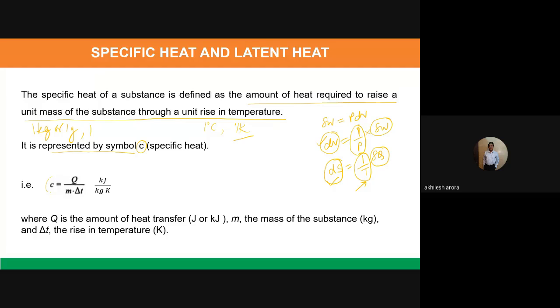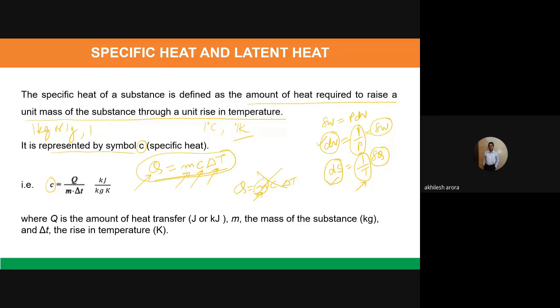So small c, you must know that Q is equal to M into C into delta T. I know that you must have gone through the equation Q is equal to MC delta T in terms of number of moles. It doesn't matter, both will give you the same result. Forget about the number of moles for the timing. Here we have the mass, this is the specific heat, this is the temperature difference, and this is the heat transfer.